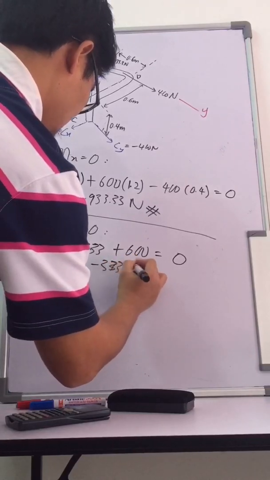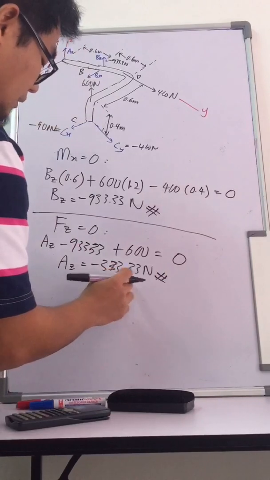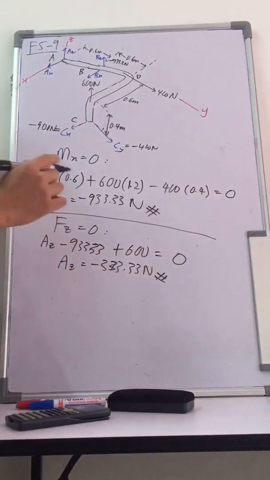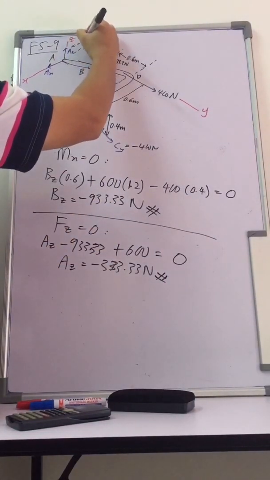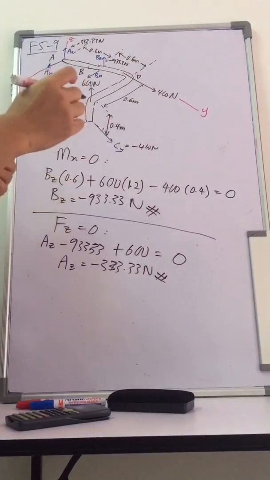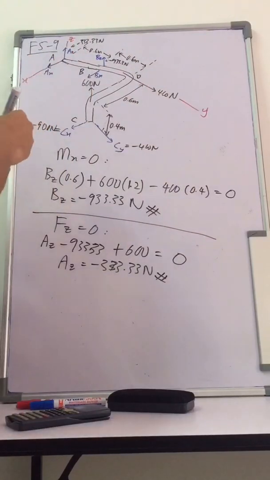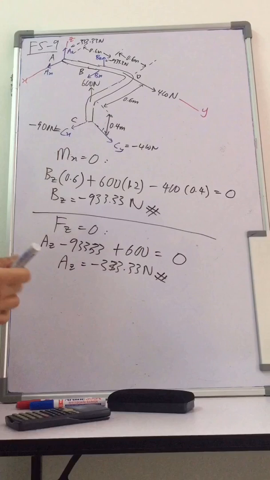333.33 Newton, which means 333 1/3 of that, right? So AZ here is minus 333.33 Newton. Right? So only two left, AX and BX.